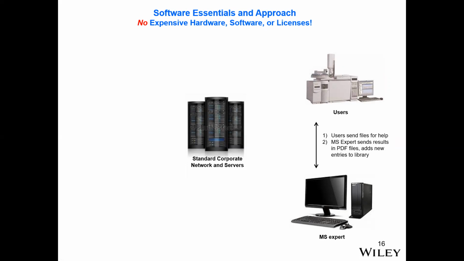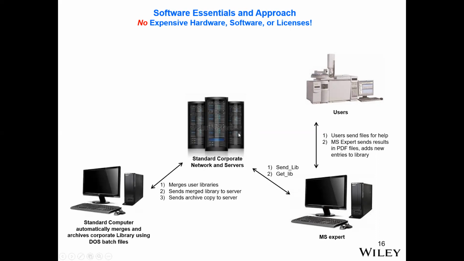So the process of looking at something is not completed until the expert adds it to the library such that it'll show up at the user. Every night, the libraries from the expert user are sent to the central share server. It goes to one of the laboratory computers. I think this one goes to the one that runs one of our Thermo GCMSs, and it acts as the brains for combining all this.